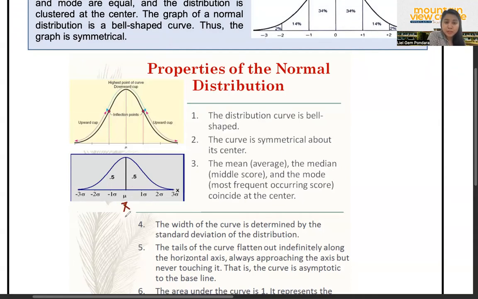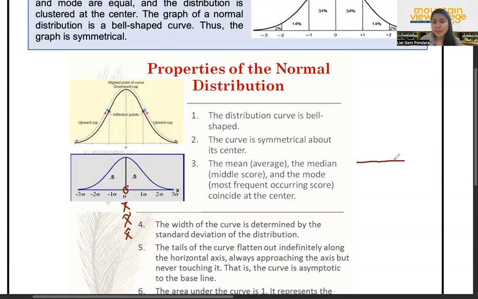The middle score, the median, x tilde, and the mode, we have x hat, are all in the center, all in 0. Next, the width of the curve is determined by the standard deviation of the distribution.